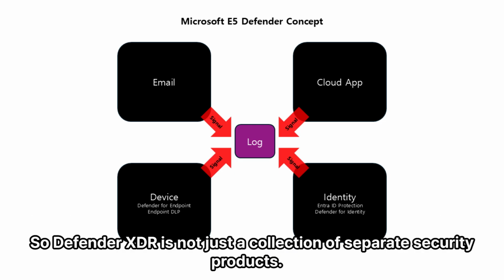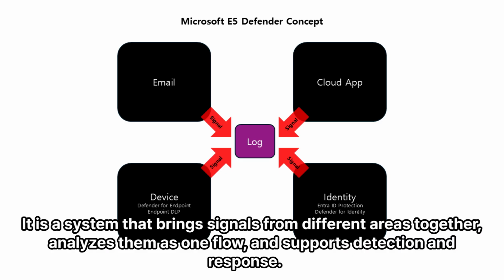So Defender XDR is not just a collection of separate security products. It is a system that brings signals from different areas together, analyzes them as one flow, and supports detection and response.